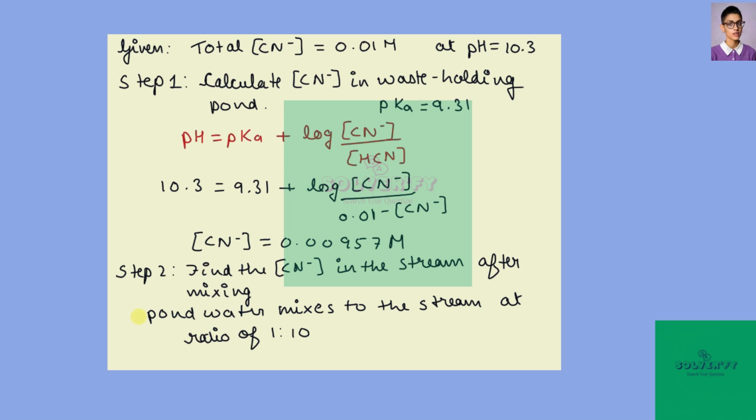Now, step 2 is to find the concentration of the CN negative ions in the stream after mixing. Since we have been given that the pond water mixes into the stream at the ratio of 1:10, we'll consider the concentration of the CN negative ions in the stream to be equal to 0.00957 molar divided by the total of the ratio, which is 11.